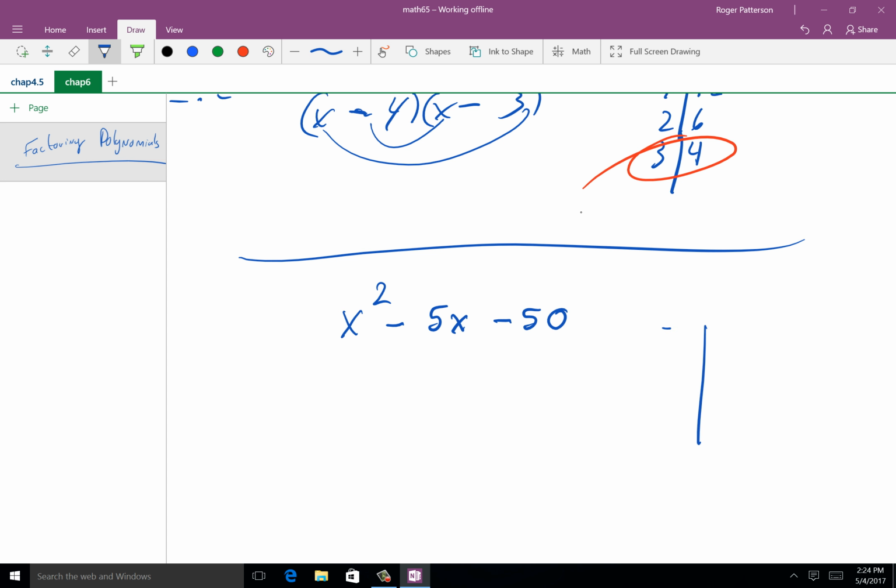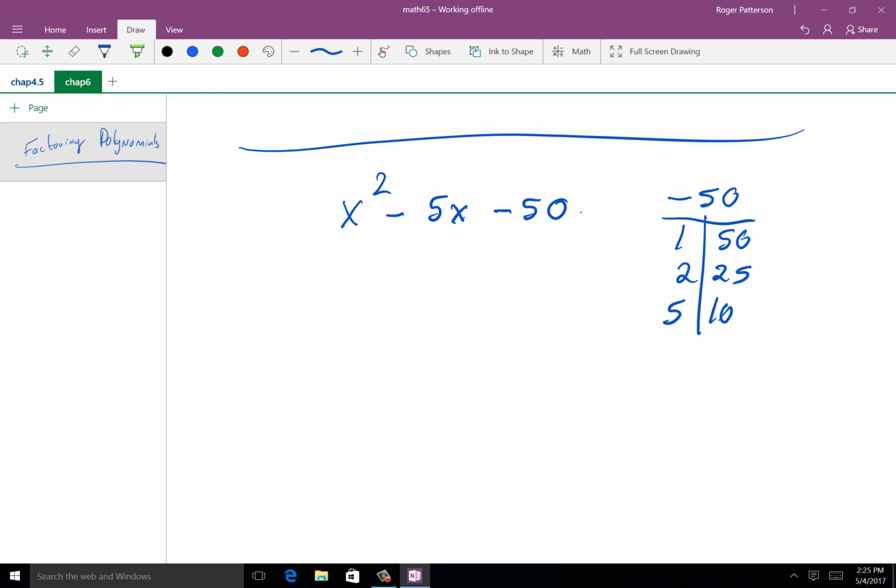Okay, here we go. So I have a negative 50, put a minus there, write my factors. Drop down my parentheses. And say, okay, what numbers do I need here? I need a 5.